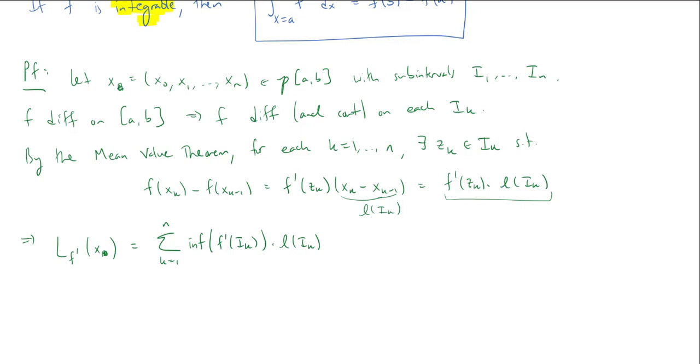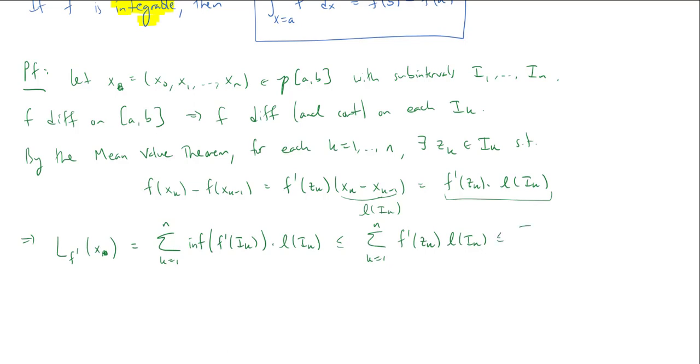the greatest lower bound. That's necessarily going to be less than or equal to this f prime of zk, right? That was just one single point, and this is a lower bound. So this sum will be less than or equal to the sum of, well, let's just evaluate at the zk's. But on the other hand, this f prime of zk, being just one particular value of f prime, is going to be less than or equal to the supremum of f prime on the entire interval.